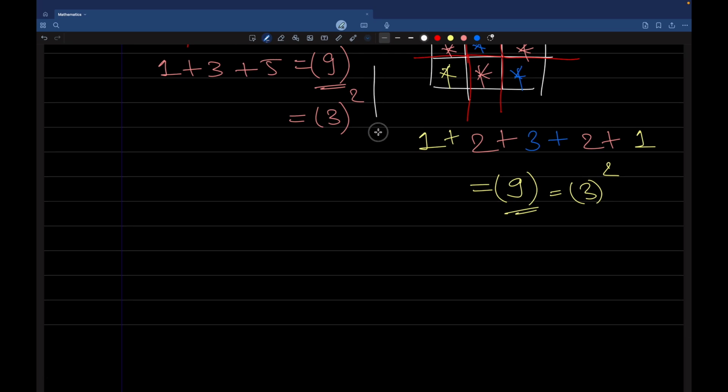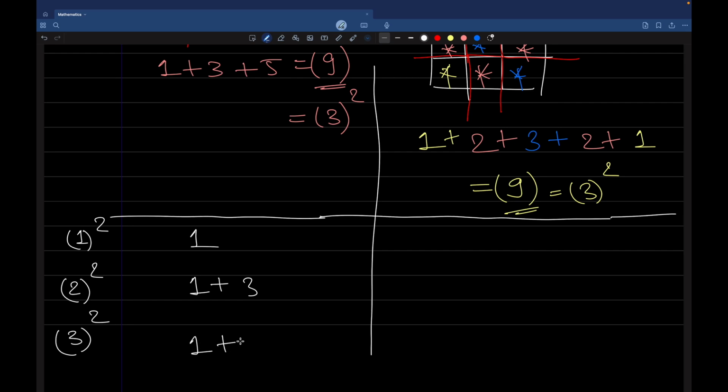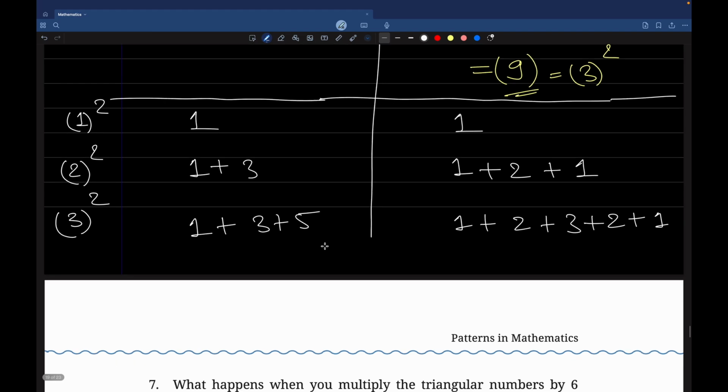We get two different ways to represent square numbers. 1 square, 2 square, 3 square, 1 plus 3, 1 plus 3 plus 5, and in this way we get 1 plus 2 plus 1, 1 plus 2 plus 3 plus 2 plus 1, and so on.